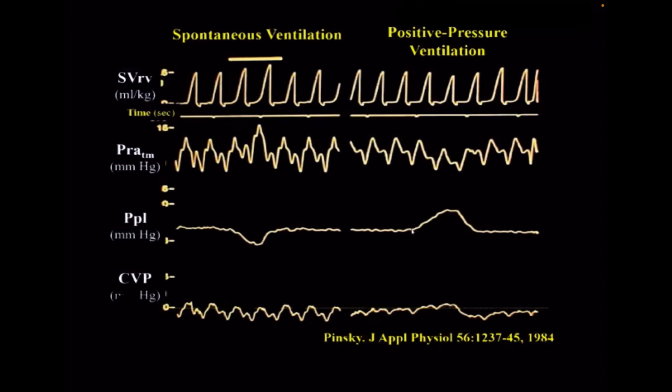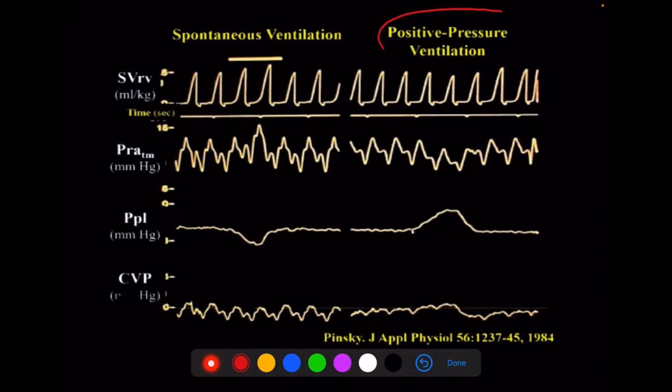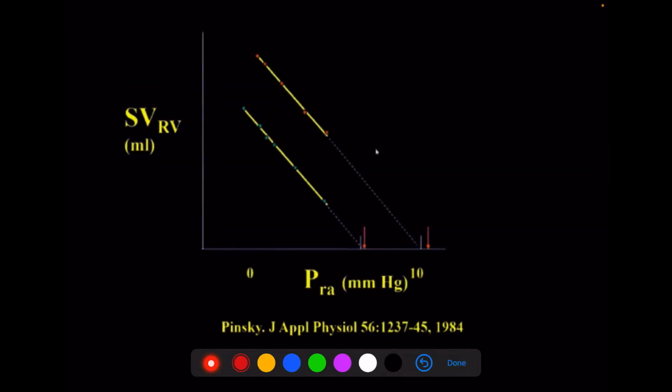In this, they tried to use the positive pressure ventilation and the reduction in stroke volume associated with the inspiration. So they calculated the right atrial pressures, the stroke volume, and they made a curve out of it.